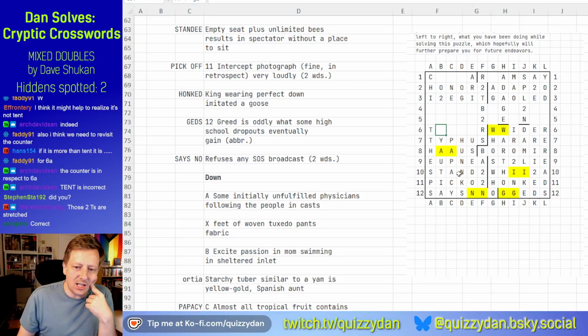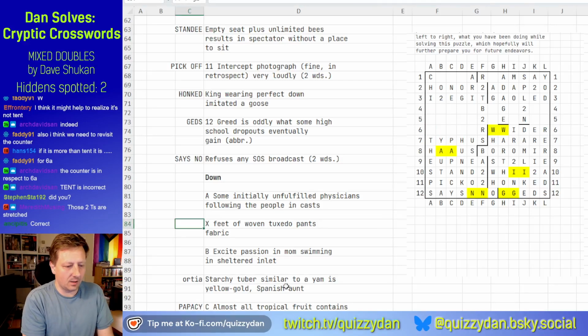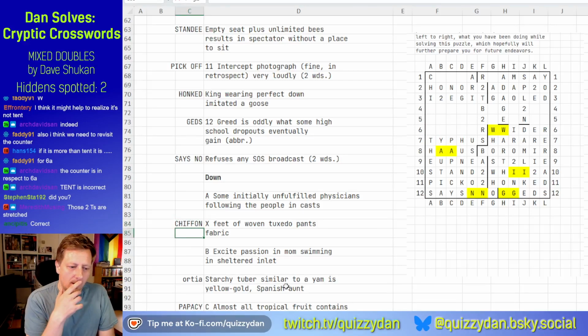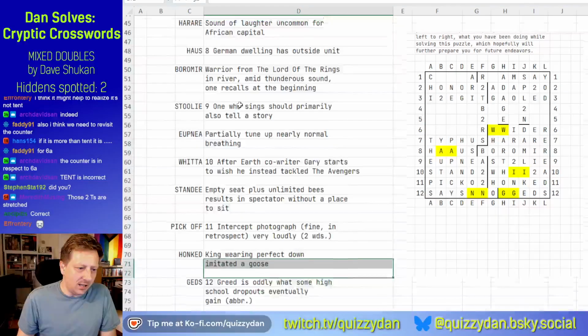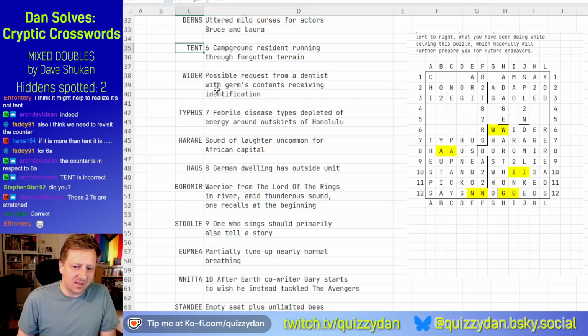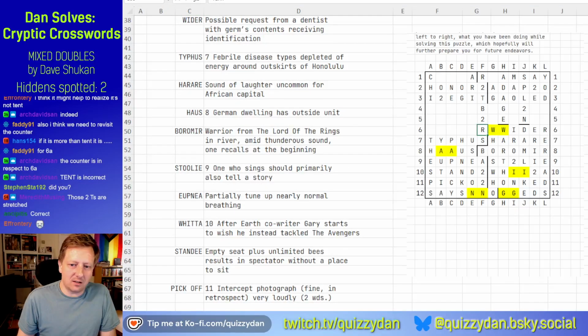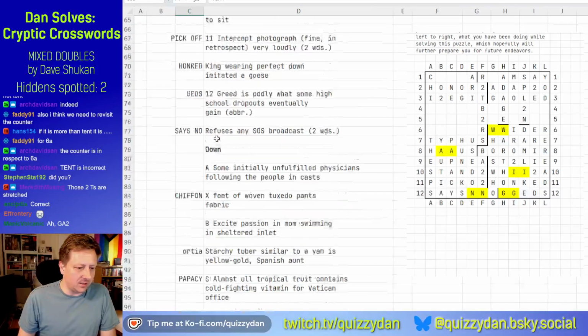Why have I got a T here? Probably got a T here because of 6 for tent. Well, it can't be tent because we've got an R there. Well, that doesn't make any sense. Okay.